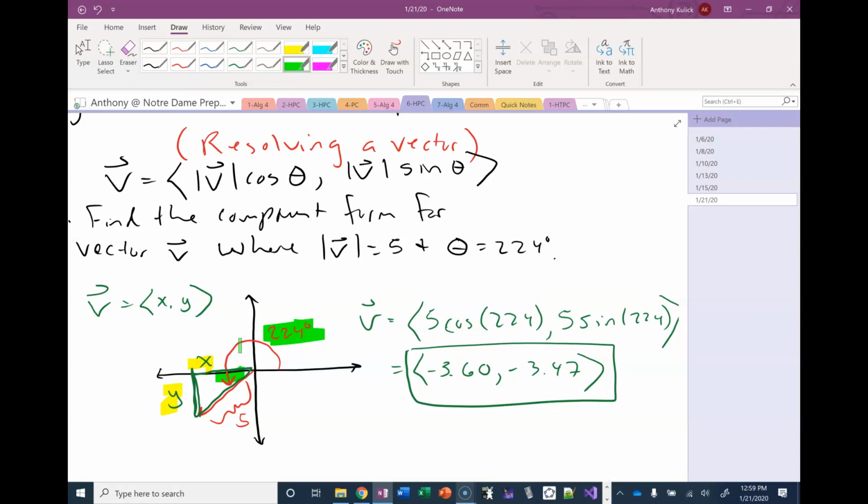If I use the size of the angle inside my triangle, then I have to make sure my signs are correct. If I use the standard position angle, the sine and cosine of a 224-degree angle are each going to be negative because they're each in the third quadrant already.